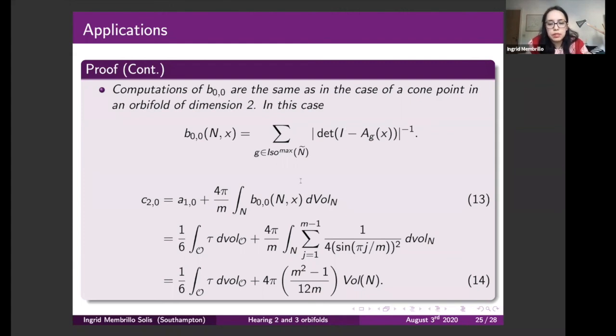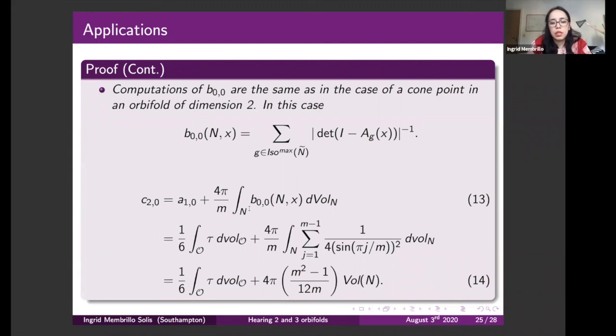So this is a way to simplify our calculation. The first coefficient is computed in this way. We have here C2,0, which is just the coefficient as for manifolds, so the contribution of the regular points plus the contribution of the stratum.